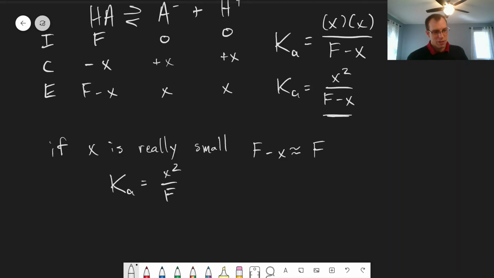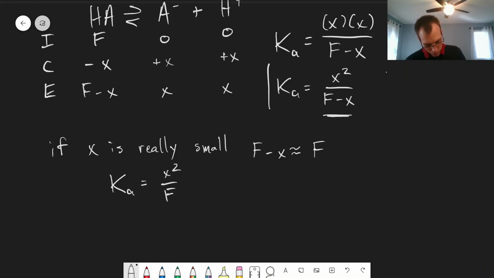But in general, this is not necessarily an approximation we can make. I think in your textbook it says if you do it this way with the approximation, and you get that X is not really small, then this is a bad approximation.